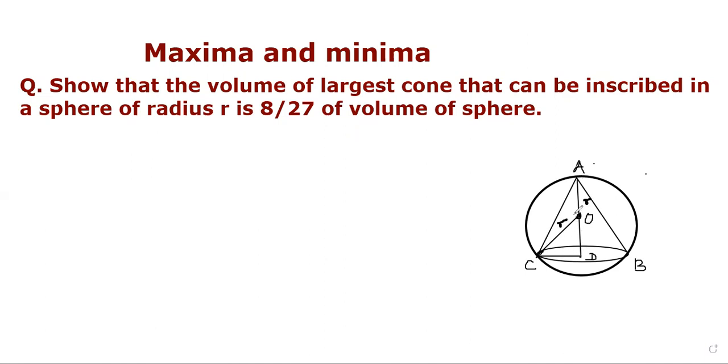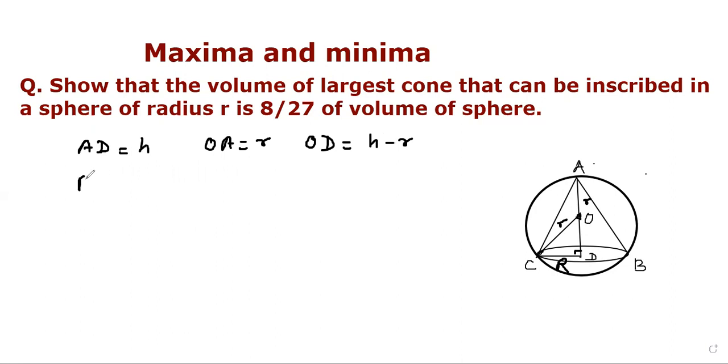and this is the cone whose radius is capital R, and the height of the cone is AD. So AD is H. OA is equal to small r, then OD will be equal to H minus r. And in this triangle OCD, we can apply the Pythagoras theorem.